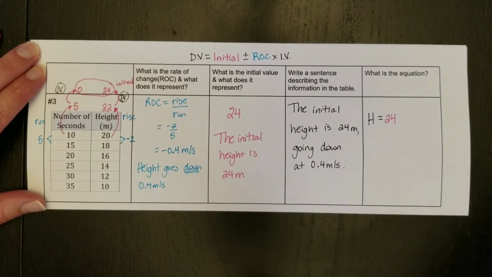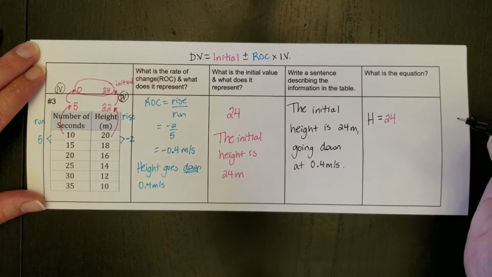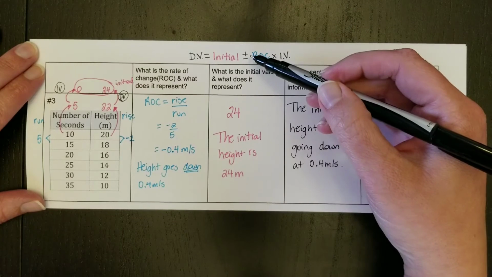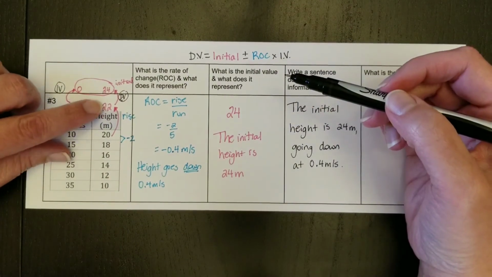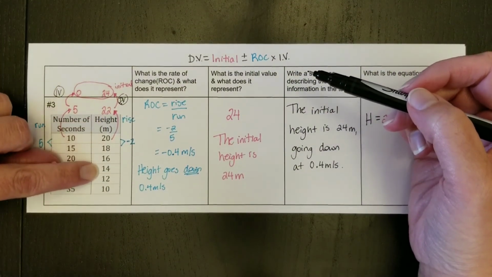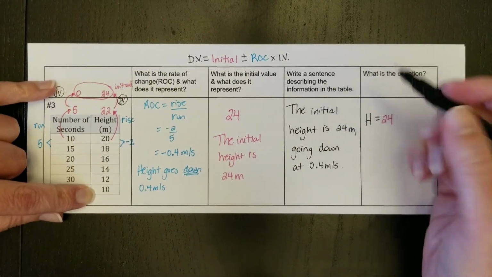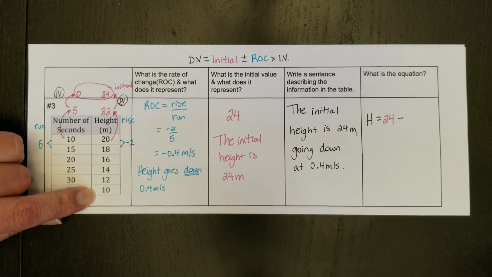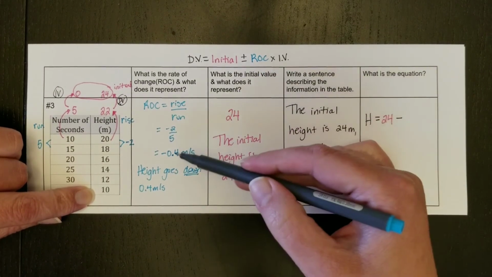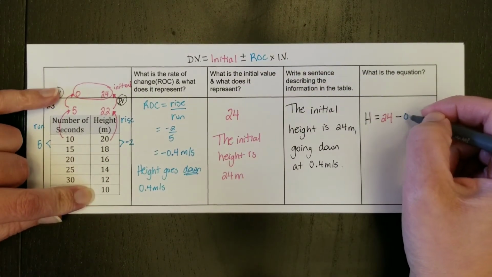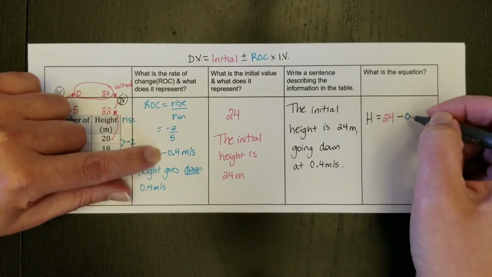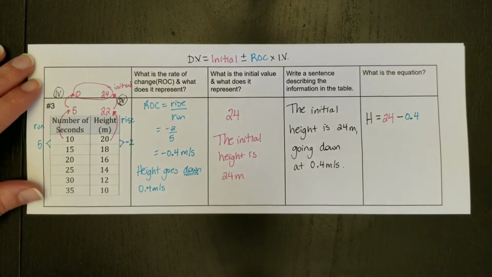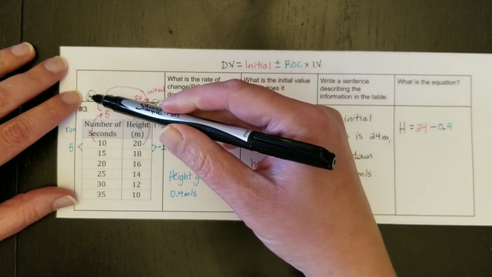The next step is a little bit different than number 1 and 2. Remember that we had that plus and minus. You have to decide, is it going up or down? If you look at these numbers for height over here, we see that they're going down. So that's one where we have to put a minus. And then the rate of change is 0.4. That negative reminds us that we have to put that minus. 0.4, and then we put the independent variable.